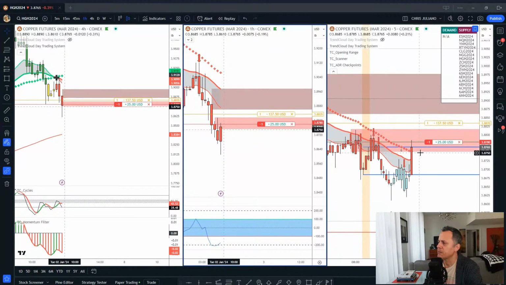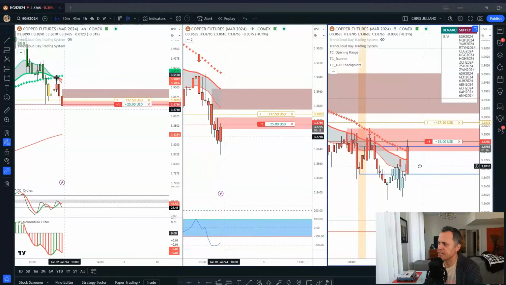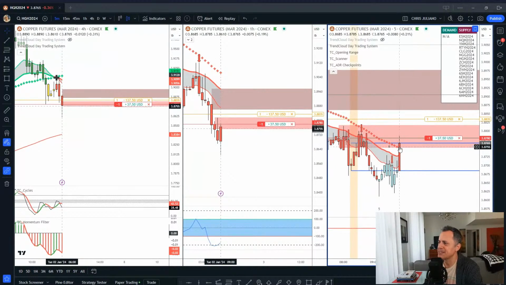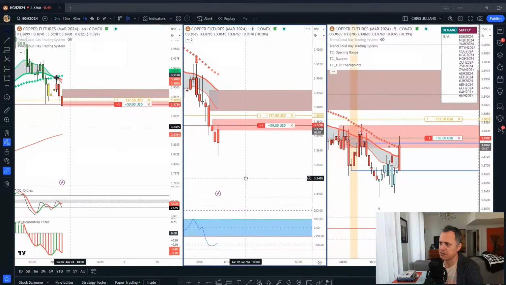Now, the dangerous part of this is that this does want to close above the 50 here. So if this doesn't close above the 50 simple and it starts moving down, we really have to be tight on that stop, because this is going to be super extended to the downside.